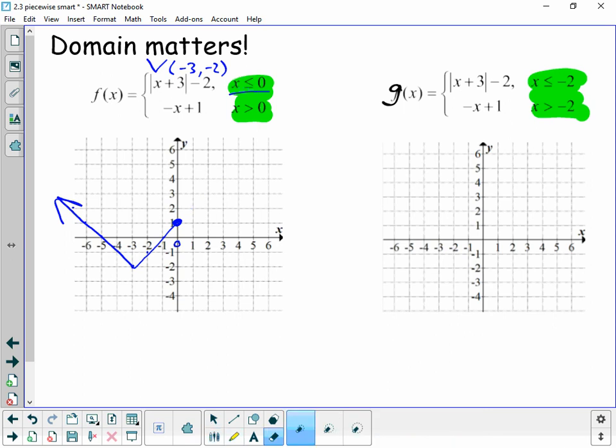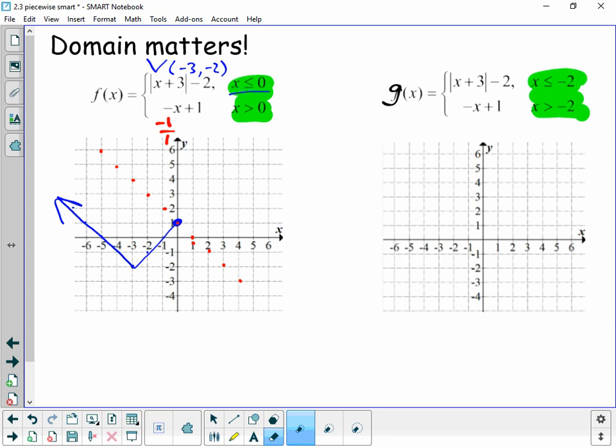The other part of this graph is a line with a y-intercept of 1, so the y-intercept is here, and the slope is -1, down 1 over 1, down 1 over 1. So it's this line.